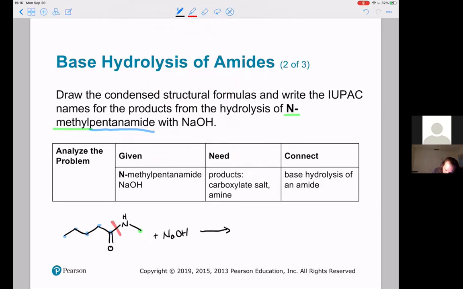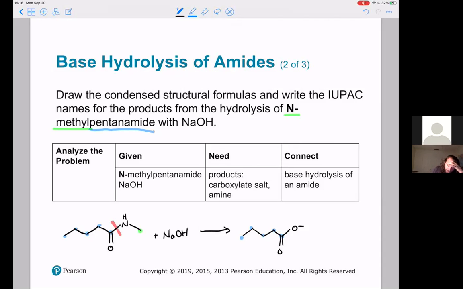So I will have a 5 carbon, either carboxylic acid or carboxylate. We'll think that out in a second here. Those 5 carbons, so hopefully you can tell on either side of the reaction where those 5 carbons came from. And because this is basic conditions, I'm going to have the carboxylate salt.